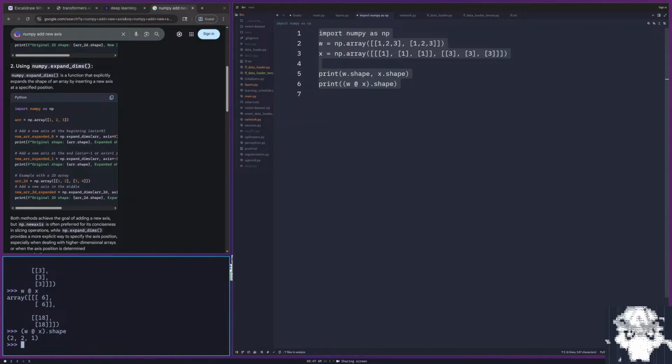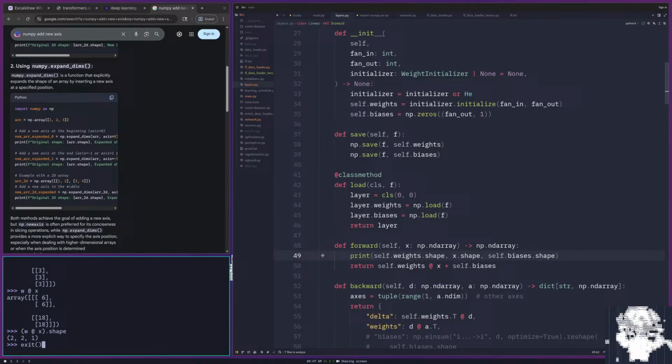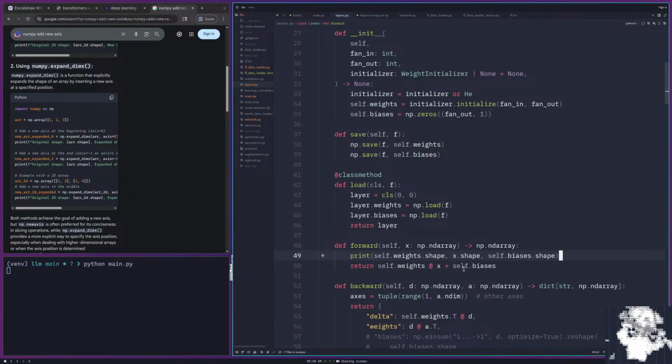Okay. So why is this not working as intended? Because I thought the thing I just tested would prove that this should work.